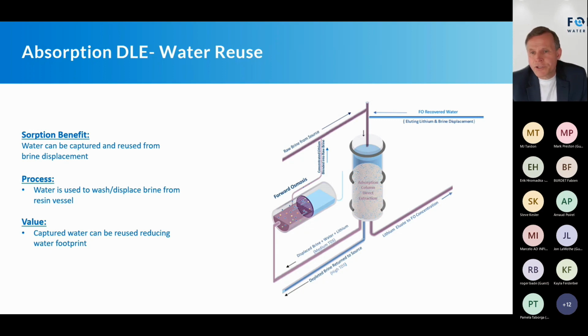Then, prior to eluting the lithium off, particularly on absorption material, I want to get rid of any residual brines. So I will go through a displacement cycle. I will pump water in, or diluted lithium chloride, and on a plug flow, I'll push the brine out of the column and prepare the materials to be eluted.